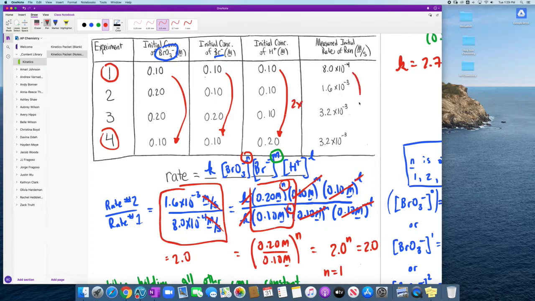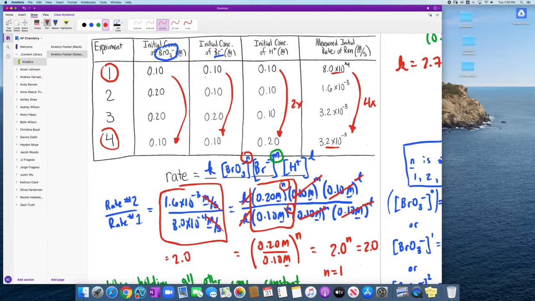Let's compare these rates here. You've got to be careful if you have different powers of 10. 8 times 10 to the negative fourth compared to 3.2 times 10 to the negative 3. This is 4 times the rate in this experiment.